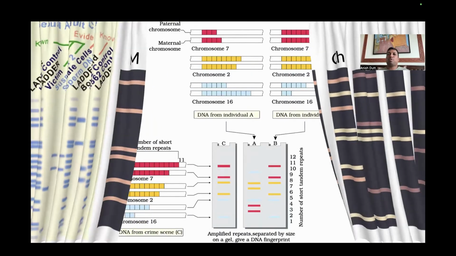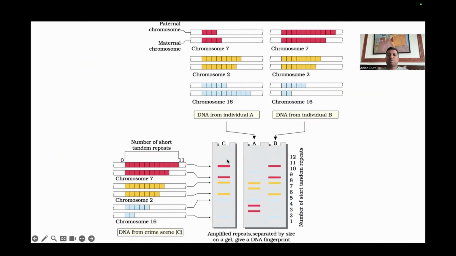Let's discuss one more case from the textbook itself. Here we have sample C coming right from the crime scene. There's a band pattern from DNA obtained from the crime scene, and we have two suspects, A and B. In this diagram, since we cannot show 26 fragments, they've shown only chromosome number 7, chromosome number 2, and 16. There are 2 fragments for each repetitive DNA, because for every repetitive sequence, we get one from the dad as well as one from the mom.